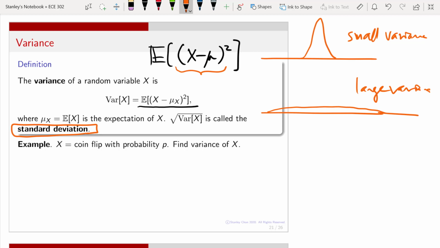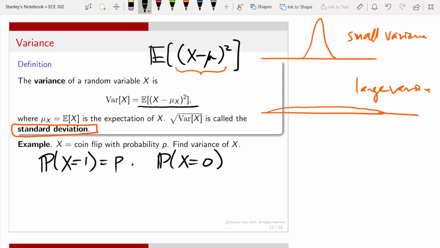Now let us work on an example. Suppose x is a coin flip with probability p. What is the variance of x? You know that the probability of x equals 1 is p, and the probability of x equals 0 is 1 minus p. The variance of x is the expectation of x minus mu squared.